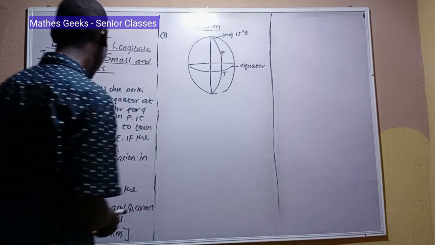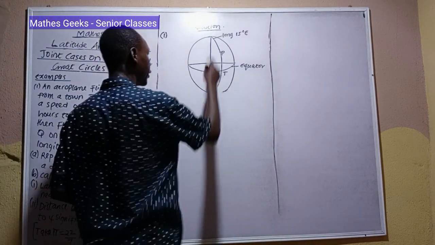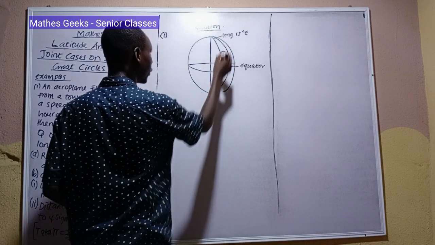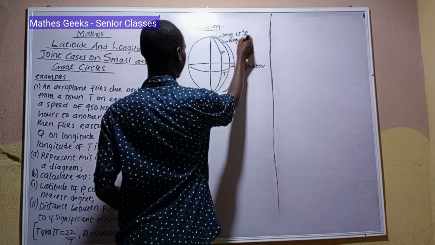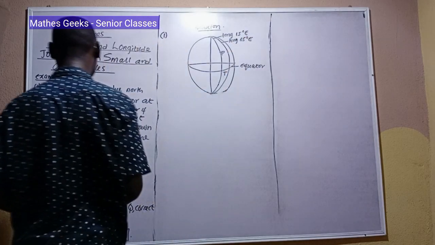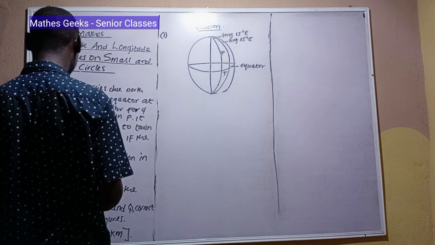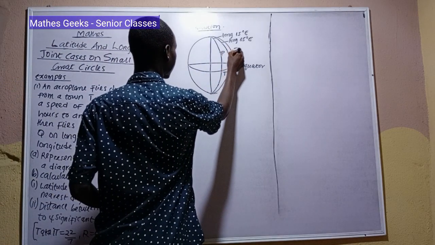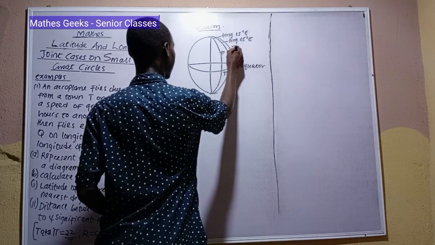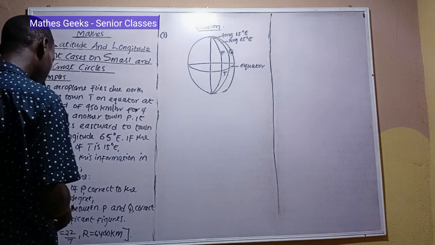It then flies eastward to town Q on longitude 65 degrees east. So longitude 65 degrees east, eastward, in that town Q. This is town Q, 65 degrees east.